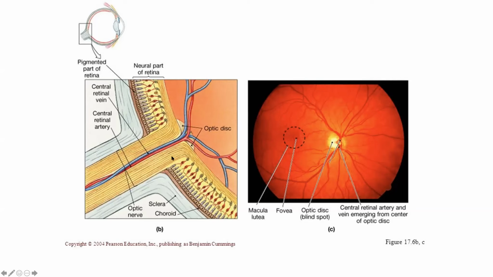So there are no rods or cones here. This is where our blind spot is. Through the middle of the optic disc, we have our artery and vein. That's what we see here, stretching out. These are the arteries and veins. And then off to the side, this is our macula and fovea. This is where all the cones are and no rods.